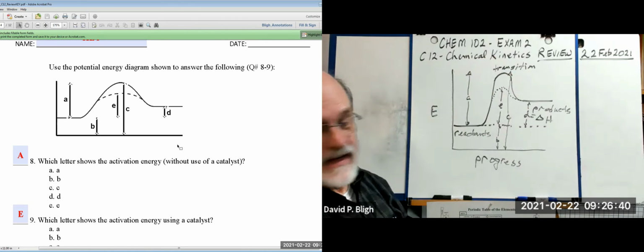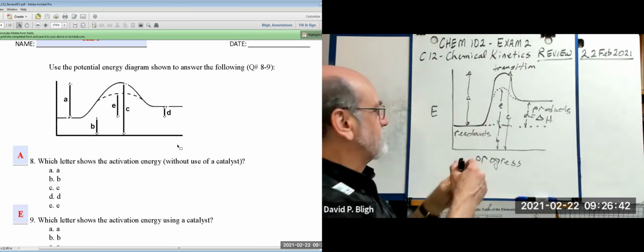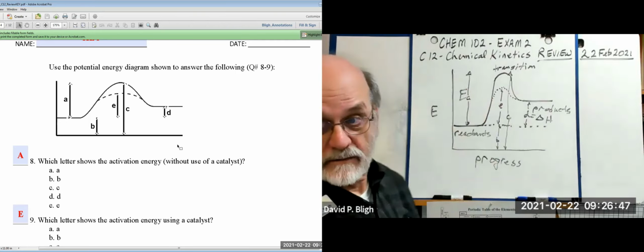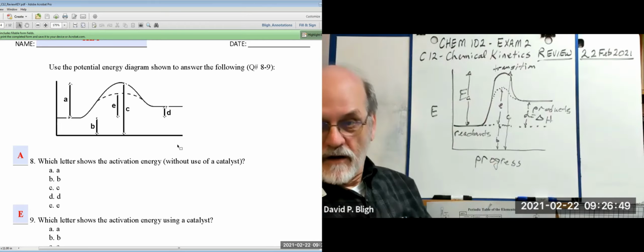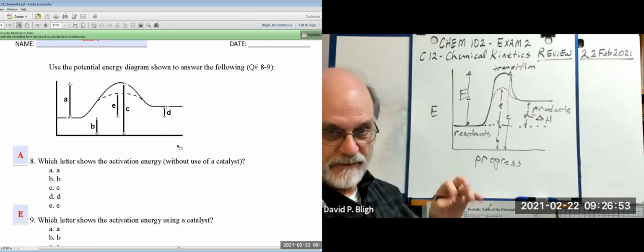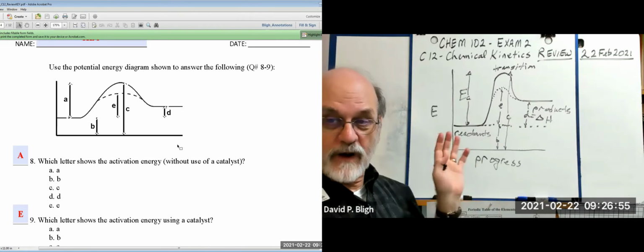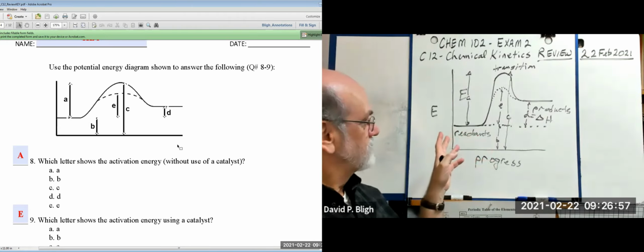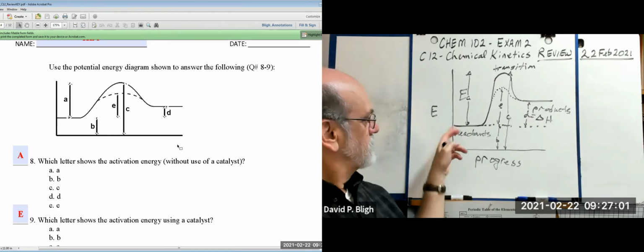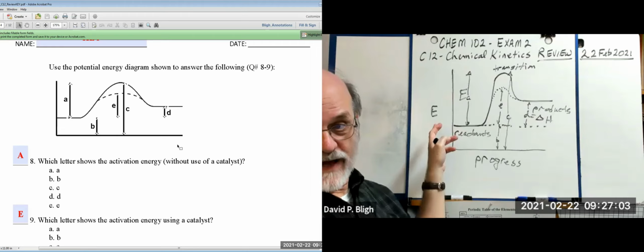That's the transition state, and this is the activation energy, E sub A, for the uncatalyzed reaction. Okay. So which line represents the catalyzed reaction? By the way, that's the answer. A is the answer for number 8.